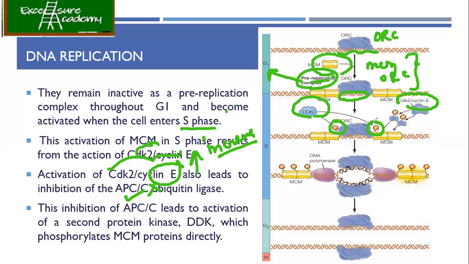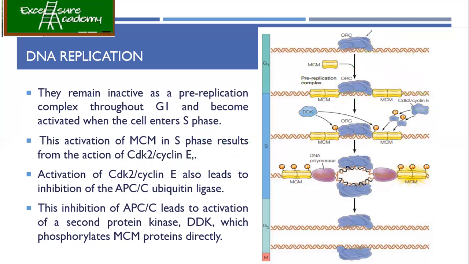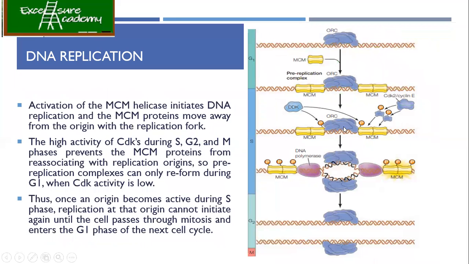Okay. Now, what is happening? So once this is getting phosphorylated. Now, so all your MCM protein, you can see that got phosphorylated. Now, this is giving the indication that the DNA strand needs to get open up. Okay. So your helicase activity will come into action.